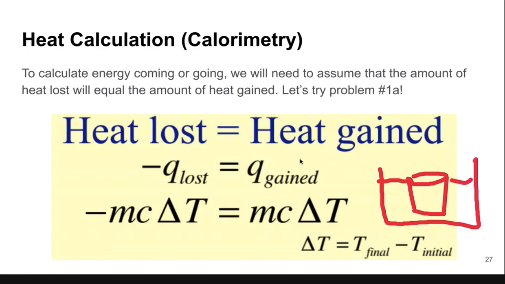And you just have a thermometer on the outside, and you can see that, let's say, the water changed some amount, like maybe a 5 degrees Celsius increase. That means we're assuming all the heat that the water gained was lost by the cup. Of course, in actuality, labs can have errors, it won't be perfect, but that's what I mean by heat lost is heat gained. The heat lost by one thing is gained by the other.